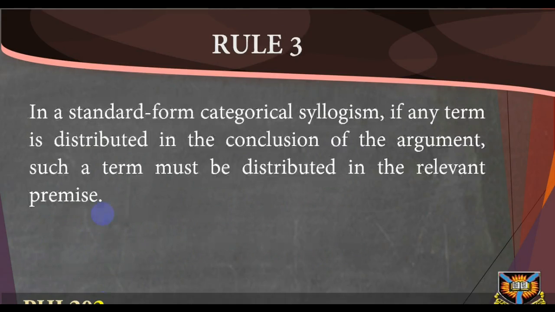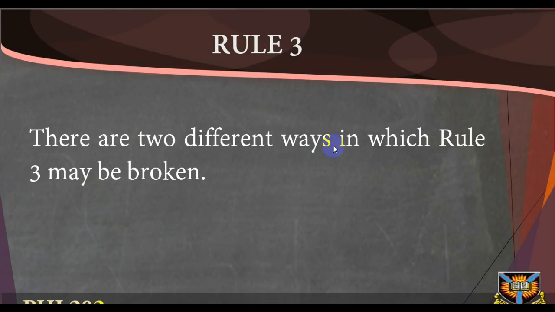Rule 3. In a standard form categorical syllogism, if any term is distributed in the conclusion of the argument, such a term must be distributed in the relevant premise. There are two ways in which Rule 3 may be broken.